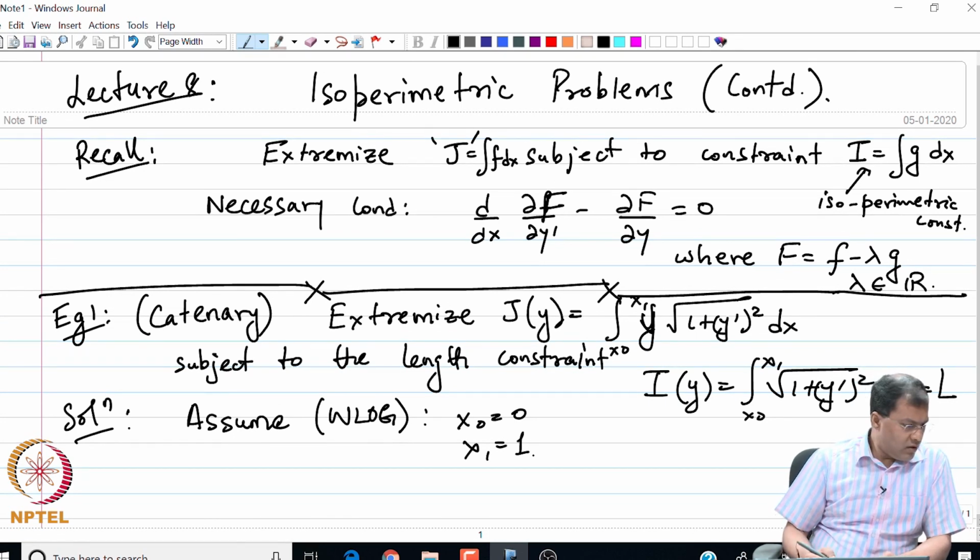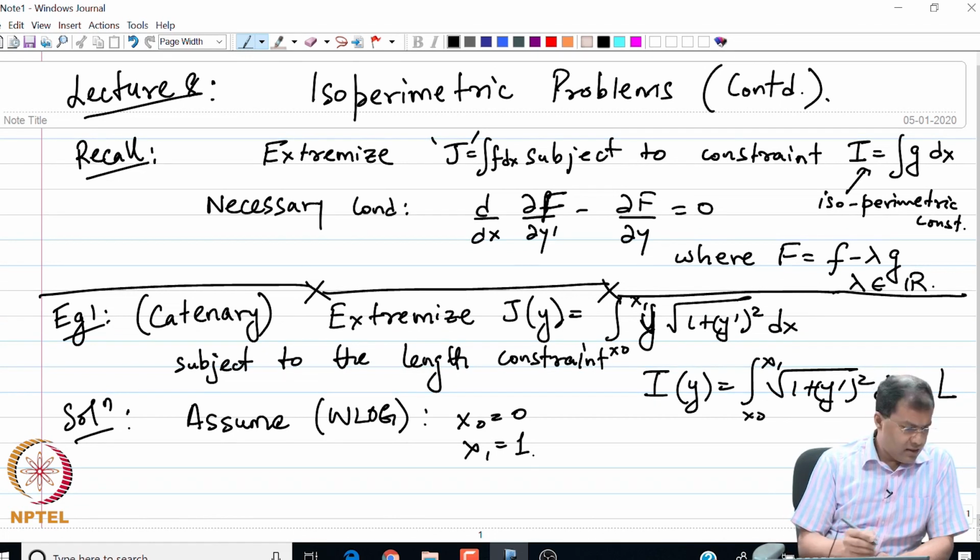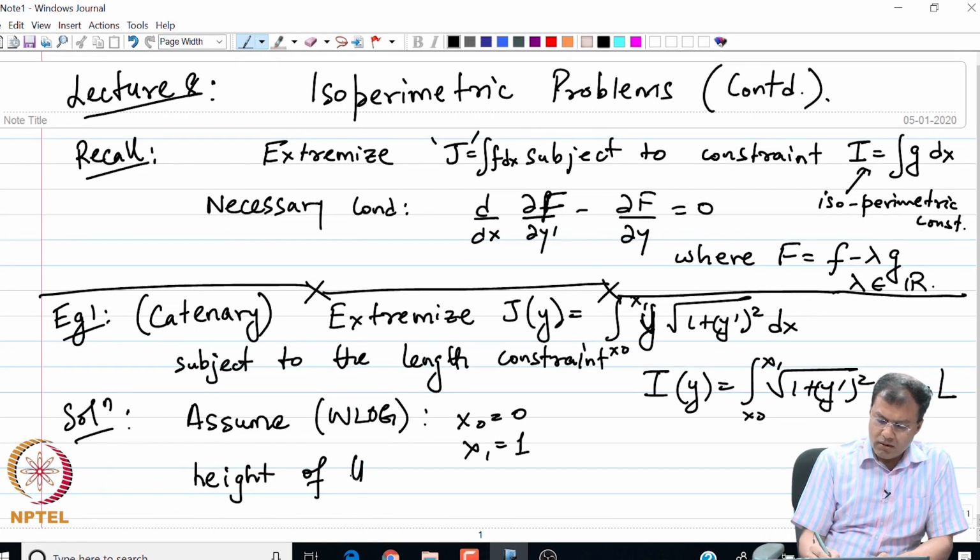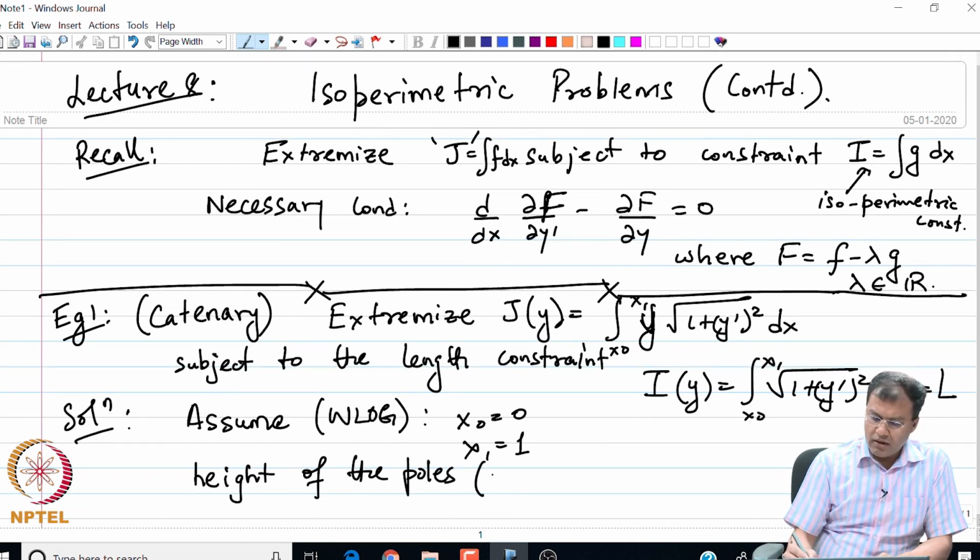And further we assume that the height of the poles is also fixed, and this is positive.